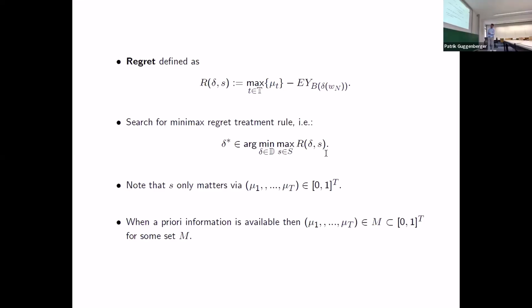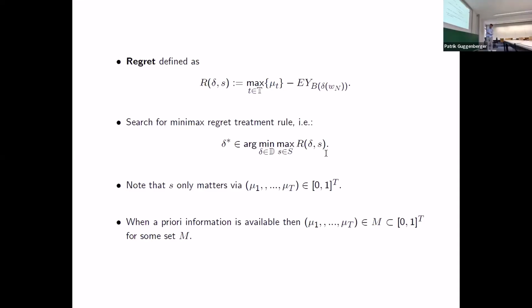Regret for a given treatment policy delta and a given joint distribution S is defined as how sorry the policymaker feels that she went with treatment policy delta when in fact she could have chosen something better. So it compares the maximal expected outcome that she could have obtained minus the expected outcome that she's getting by picking delta.